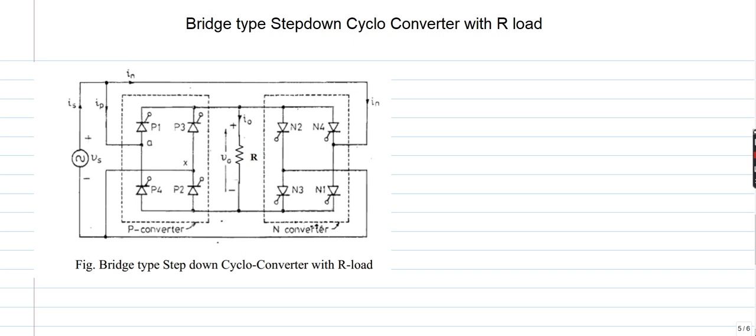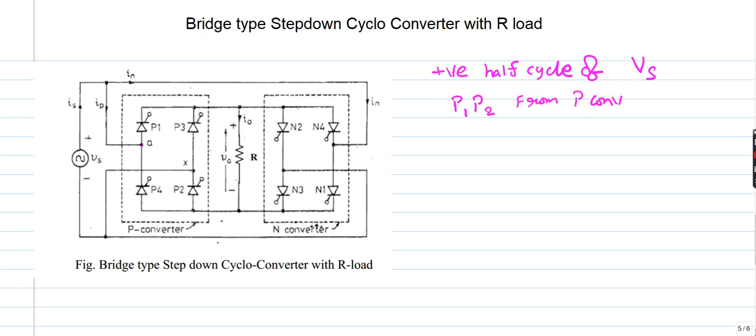Here, just identify this is the source. During the positive half cycle of Vs, identify which switches will be in forward blocking mode. P1, P2 from the P converter.